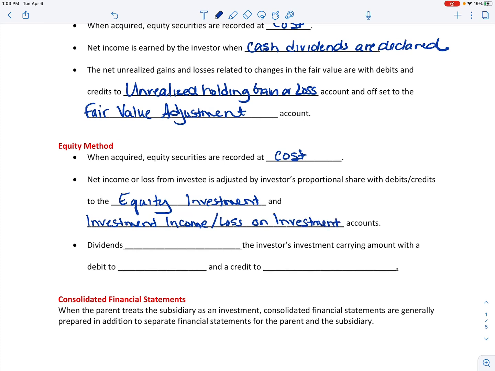So every time there's net income or loss, our equity investment is changing in proportion based on how much we own of that investee.